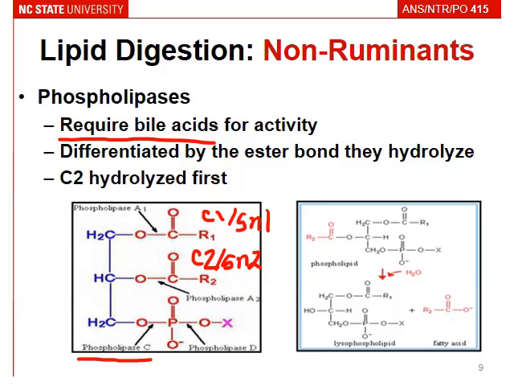And our phospholipase D is what cleaves and takes the choline off of the phosphate. So those are the different phospholipases. I do want you to know what A1, A2, C, and D do and where they cleave.